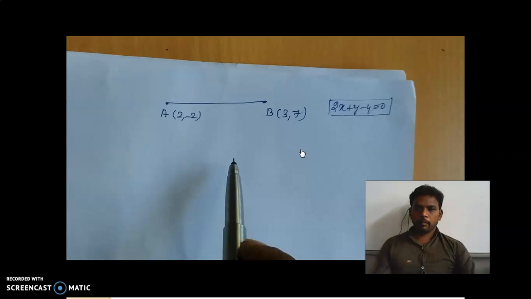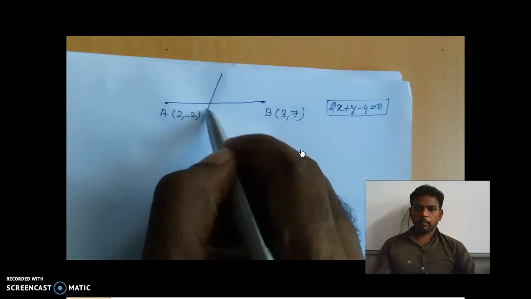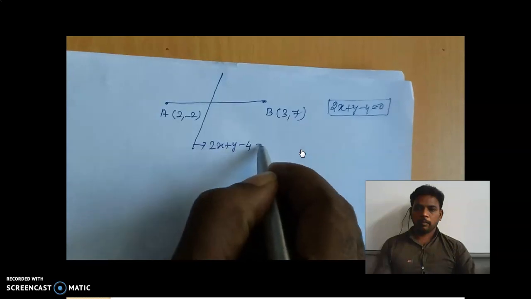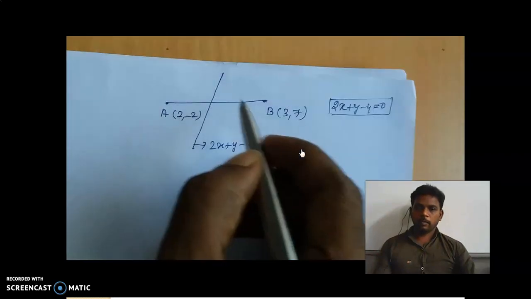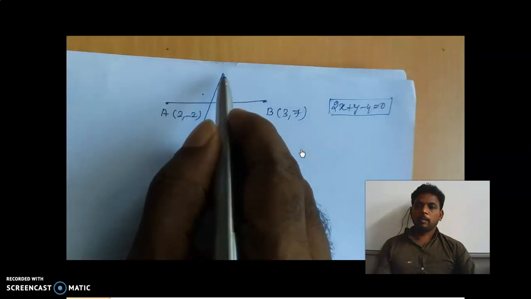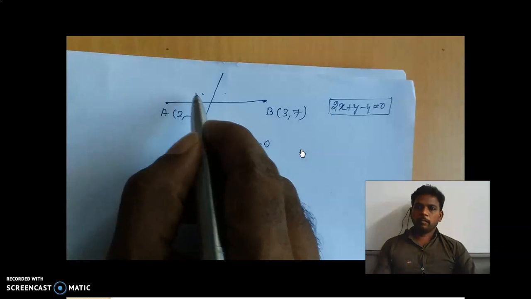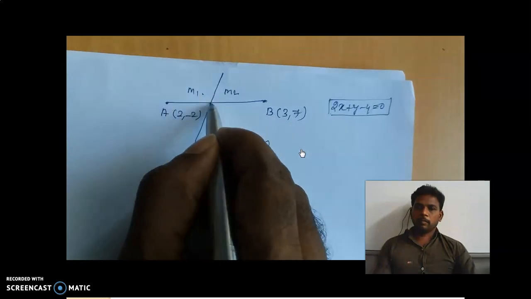Suppose the line is like this. The equation of this line is 2x plus y minus 4 equal to 0. Now we are going to find the ratio of these two parts. Let us take that this line divides the line segment AB in the ratio m1 is to m2 at this point.